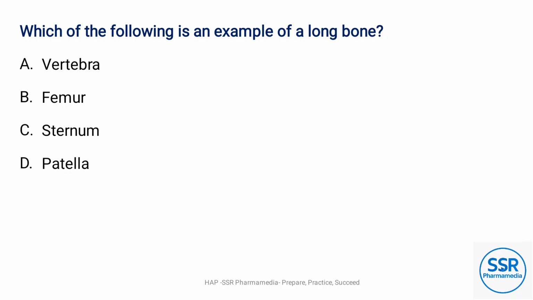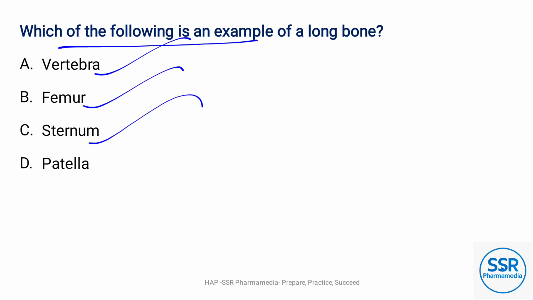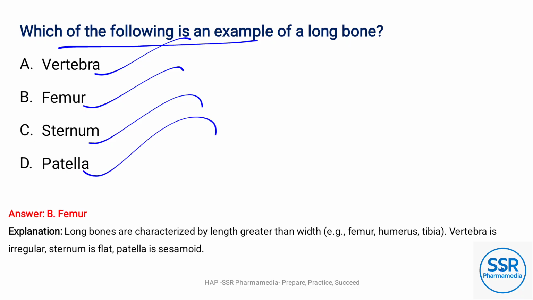Next: which of the following is an example of a long bone? Option A, vertebra. Option B, femur. Option C, sternum. Option D, patella. The answer is option B, femur. Long bones are characterized by length greater than width.